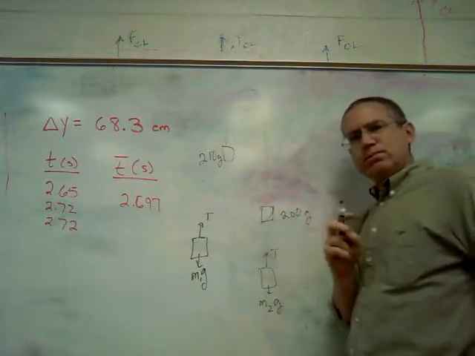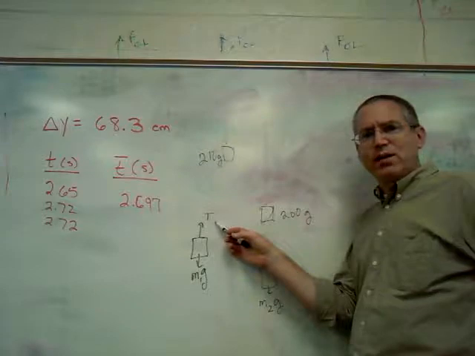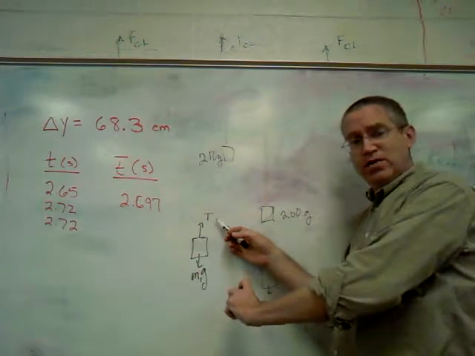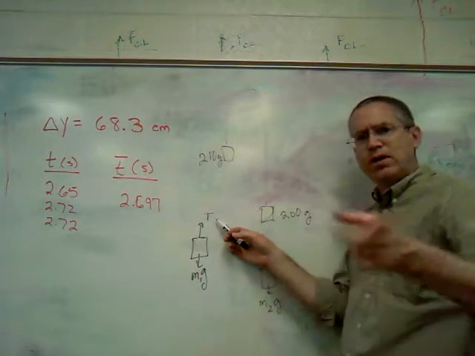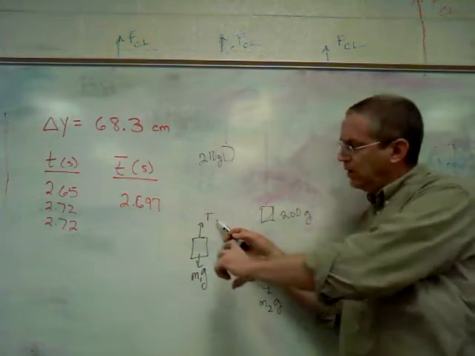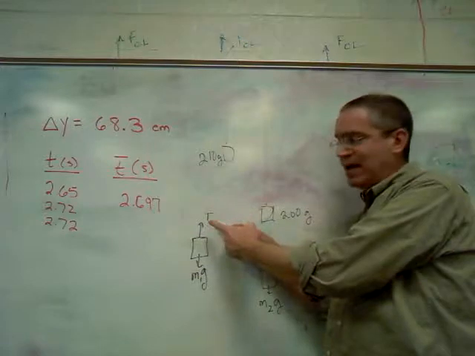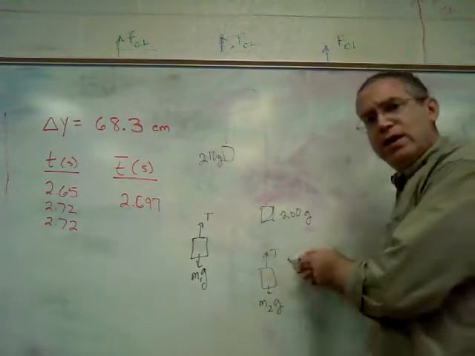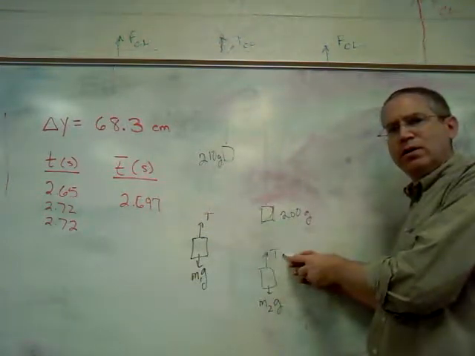Notice the work done by this tension is going to be negative because this mass is falling and this tension is opposing it. It's in the opposite direction. This is in a presentation on work that I've posted. So as this object is falling, this tension right here is doing negative work. But on this other mass, the one that's going up, this tension is doing positive work.